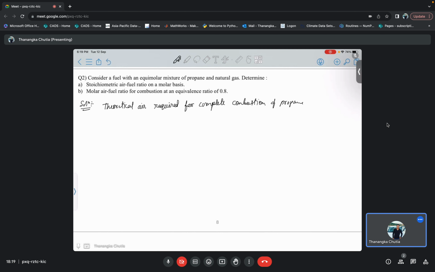Okay, so that will be C3H8 plus A times O2 plus 3.76 N2. This will give B CO2 plus C H2O plus D N2.